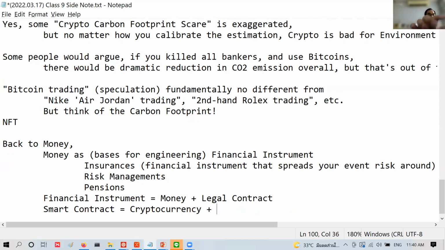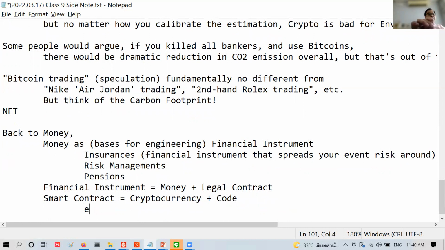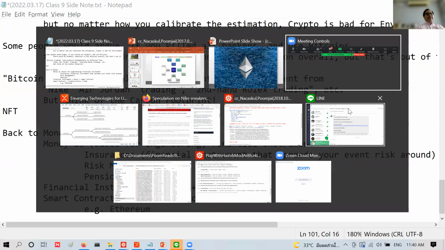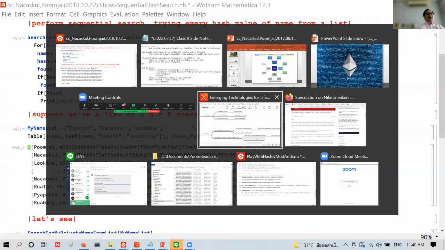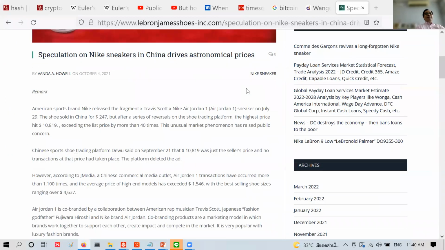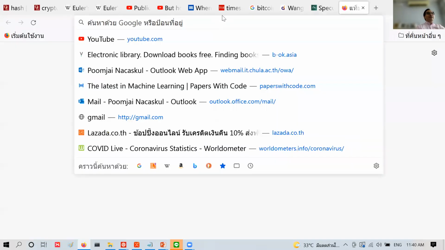Okay, Ethereum. Now, how do you program Ethereum? I don't know how to, but maybe we can have a class. I was hoping to invite maybe some people, if they know. I don't know if they do Ethereum or they're just speculating.